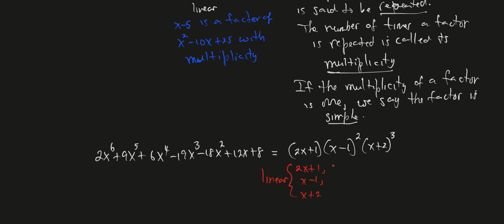So 2x plus 1 has multiplicity 1. And then the x minus 1 shows up twice. That's why it's raised to the second power. So this one has multiplicity 2, and then the x plus 2 shows up 3 times. So that's why it's raised to the third power. That means it has multiplicity 3, right?